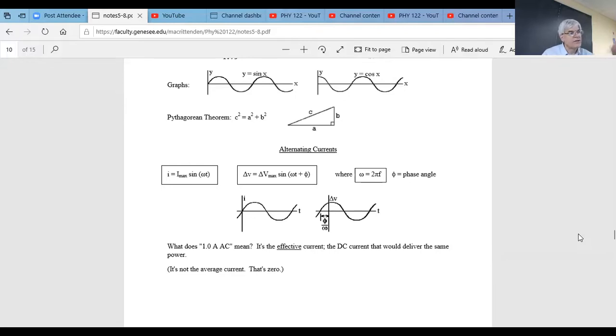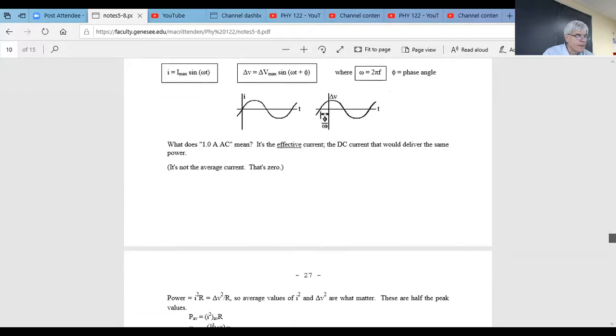So this constantly changing current you have has the same effect as a steady 1 amp would. Or the way it's phrased here, it would deliver the same power, which is kind of what I meant by it would make your toast get just as brown in the same amount of time.